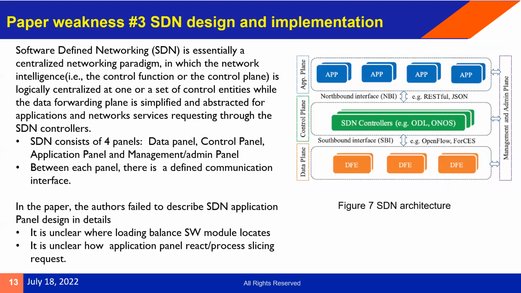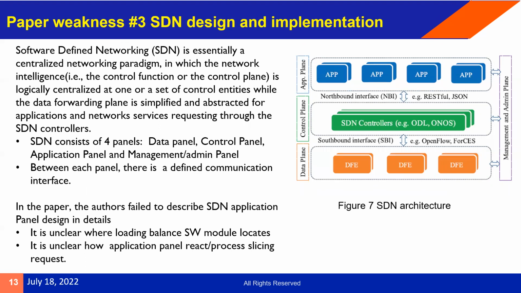Paper weakness number 3, SDN design and implementation. SDN is essentially a centralized networking paradigm in which the network intelligence is logically centralized at one or a set of control entities, where the data forwarding plane is simplified.